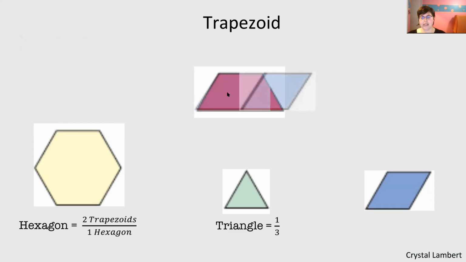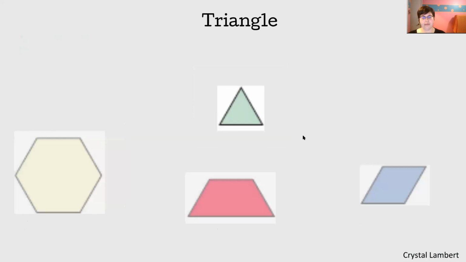So for the rhombus, we see that it takes 1.5 rhombi to equal 1 trapezoid. So 1 rhombus is 2/3 of the trapezoid.